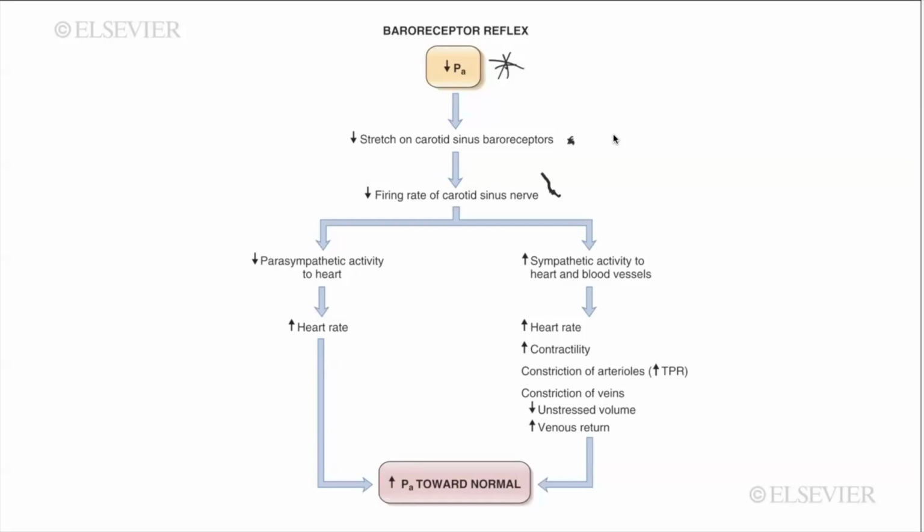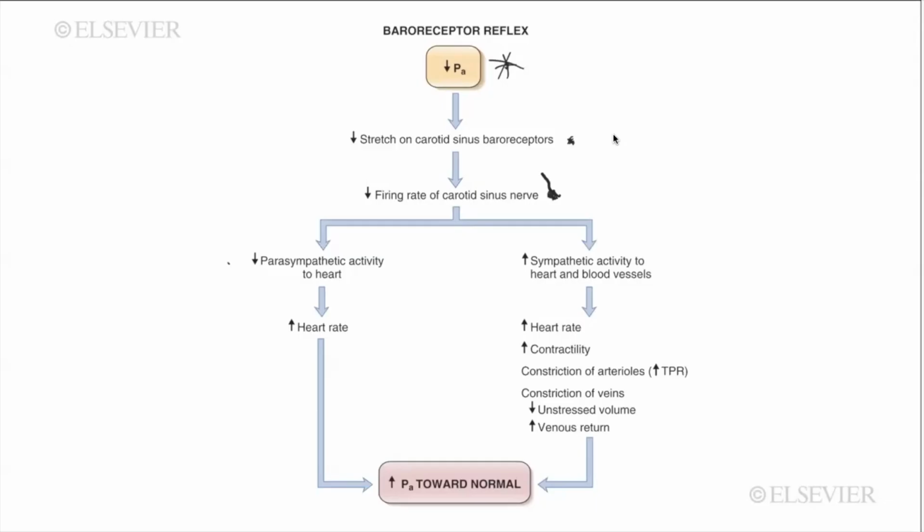Sometimes students know something has to increase, but you want to be careful to get the direction of the firing rate correct. Decreased, decreased. So decreased firing of the carotid sinus nerve, and that sends information up to the cardiovascular regulatory centers that cause two effects.